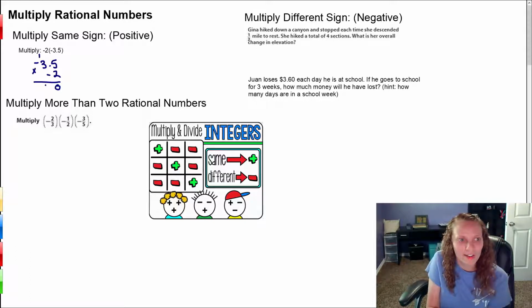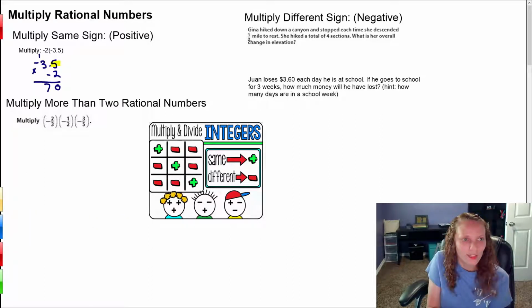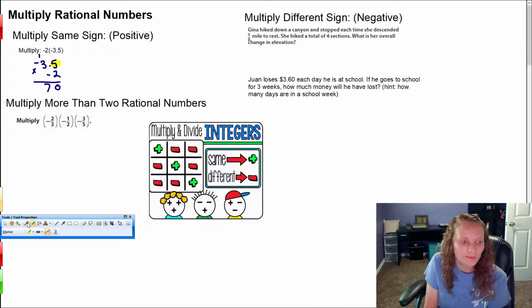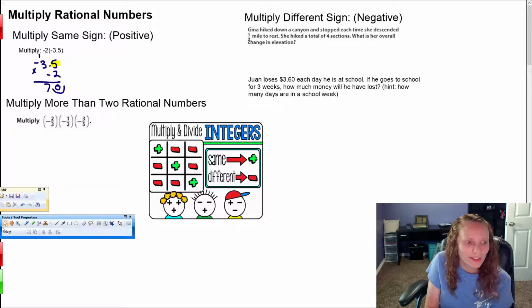Plus 1 is 7. Now I notice that there is one number that's after a decimal. So because that's the case, we need to count over one time from the end. And our answer is 7.0.